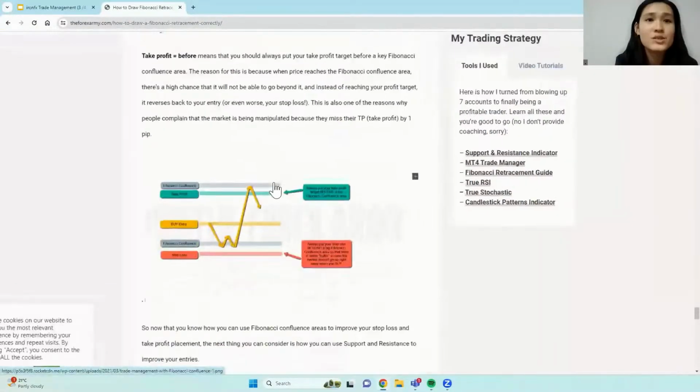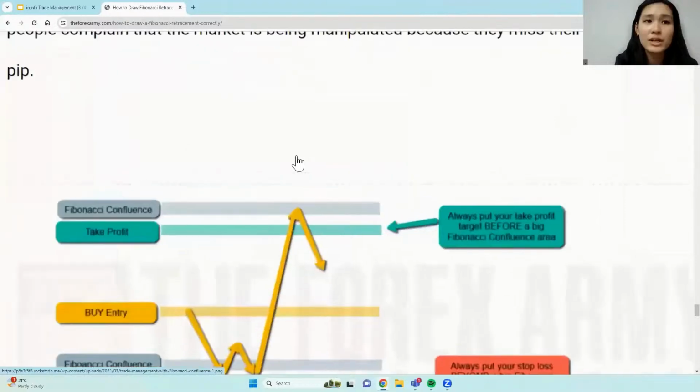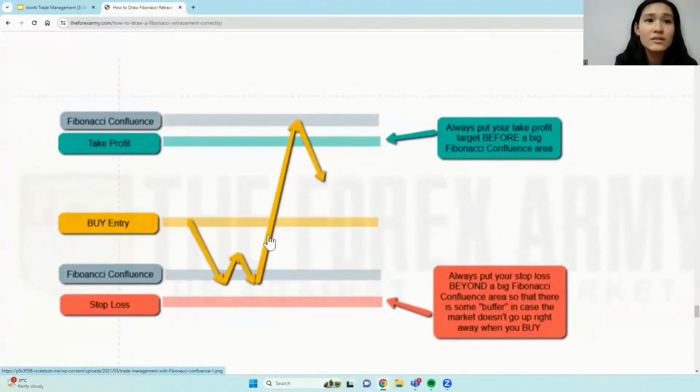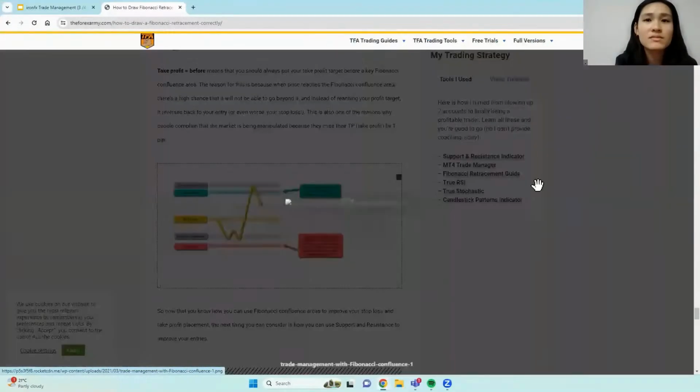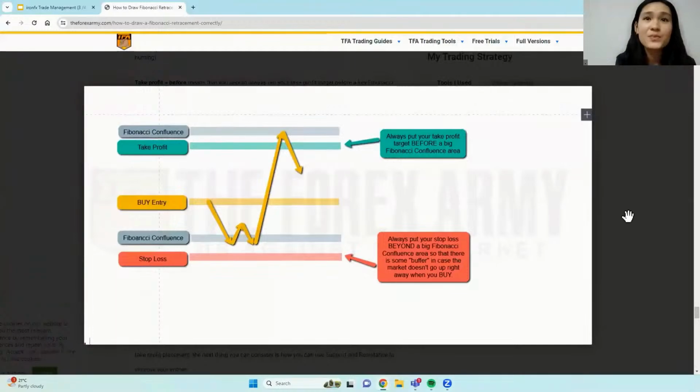Yeah, so this is typically what we recommend. Even if you are talking about a major resistance area, it doesn't have to be a Fibonacci confluence per se, just as long as it's a major resistance area that you have identified.